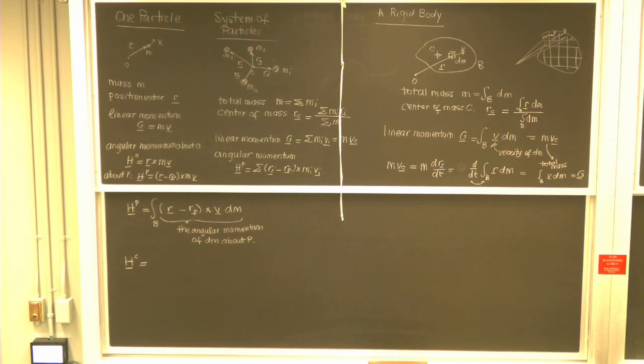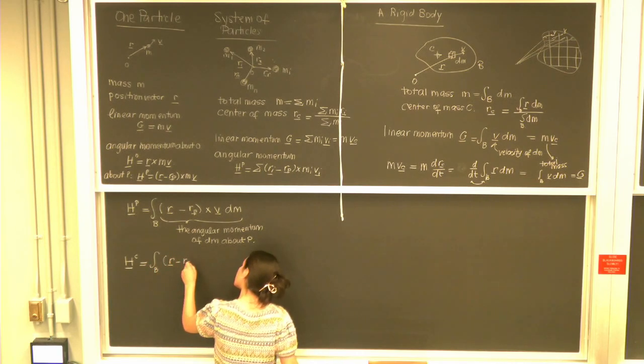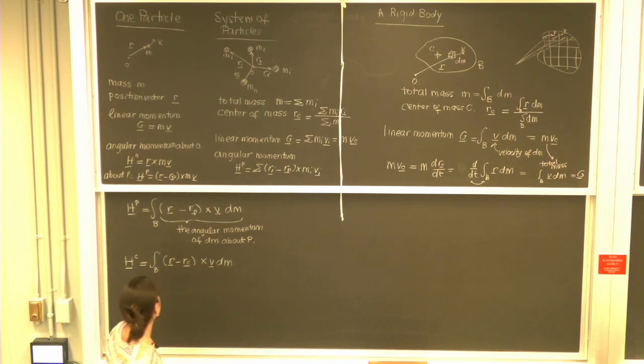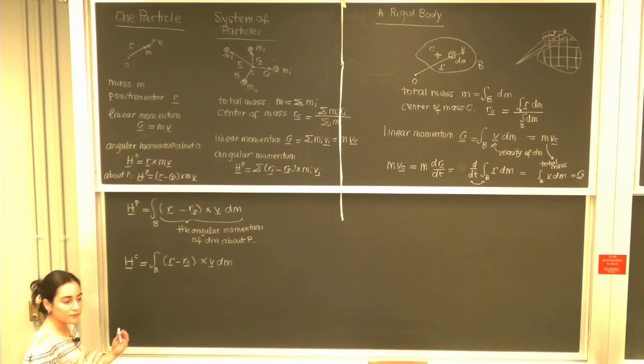It's still an integral. There's just one letter that's going to change. Instead of finding the angular momentum about P, I'm finding it about C now. So would rp change to rc? Yeah, exactly. Instead of r sub P, it's going to be r sub C. So we're calculating the angular momentum about point C. Okay? Great. Can we relate the two? Yes, we can. We did that for a system of particles. Let's do it again for a rigid body.